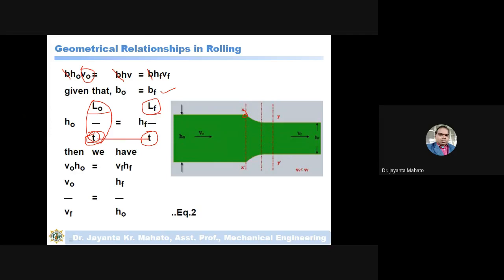These L naught and LF are different because the inlet and outlet velocities are different, but the time is considered the same. So we get H naught into L naught equal to HF into LF.